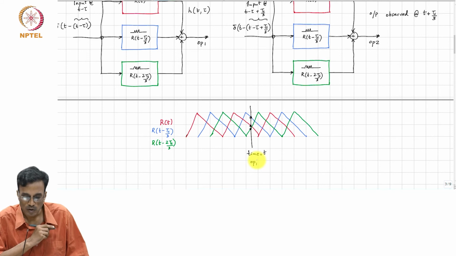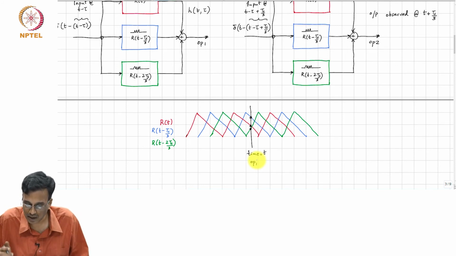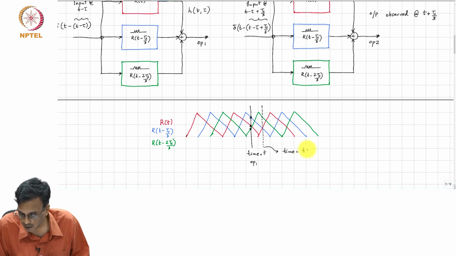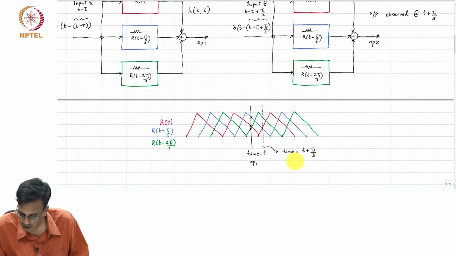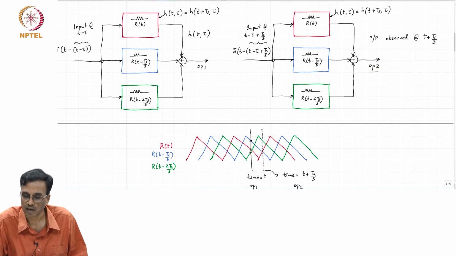So, what comment can we make when we take the time of observation to be t plus Ts by 3? This is time t plus Ts by 3, and the output we are observing is OP2, which corresponds to this one here, correct.